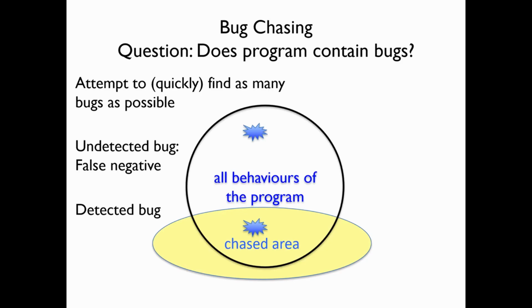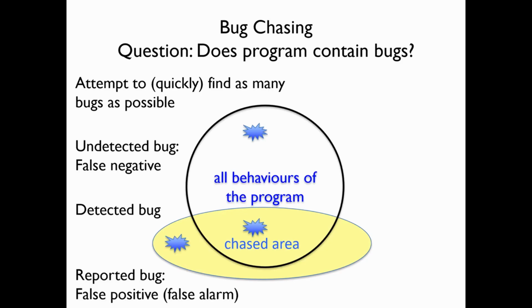So in the picture, the chased area is partly inside the set of all behaviors, partly outside. When we ask, are there bugs in the program? Bugs found in the intersection of both areas are true positives. Bugs found outside of the set of legal behaviors are false positives, also called false alarms.